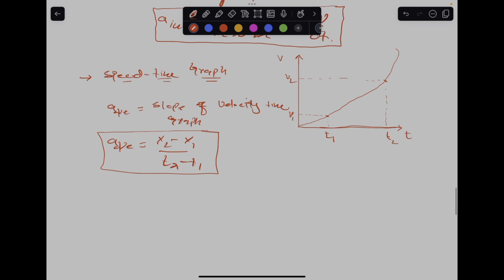Similarly, if we want to calculate the instantaneous acceleration, how do we calculate it?